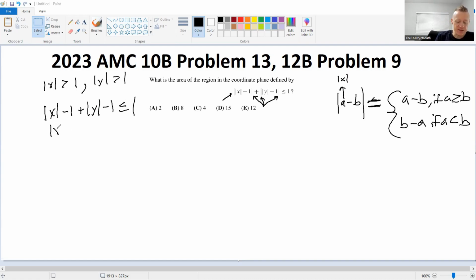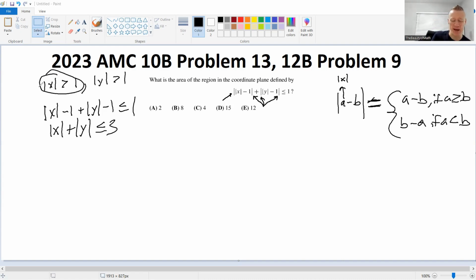That would give absolute value of X plus absolute value of Y less than or equal to 3. So we're going to be operating within that if X is more than 1 or less than negative 1, basically is what you're saying right here. And same thing for Y.